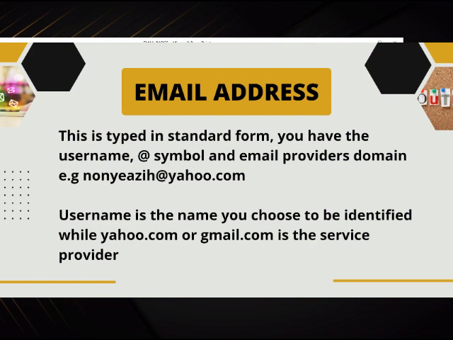If it is Yahoo Mail, if it is Gmail, you have to indicate the domain. You can see the example that I use. That is my own email. After .com, the dot should not be there.